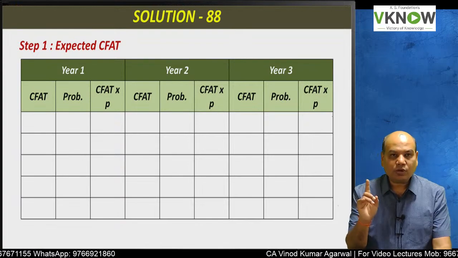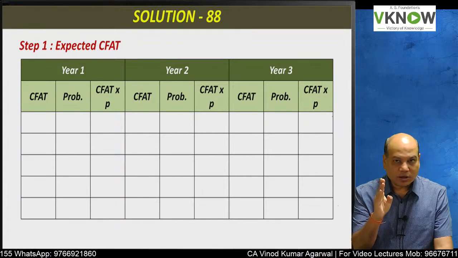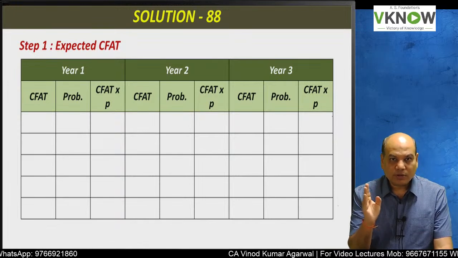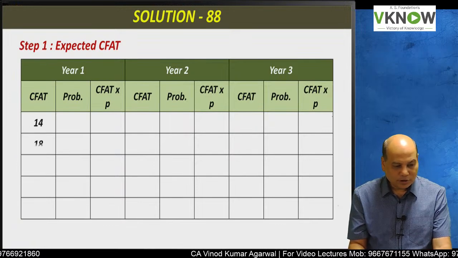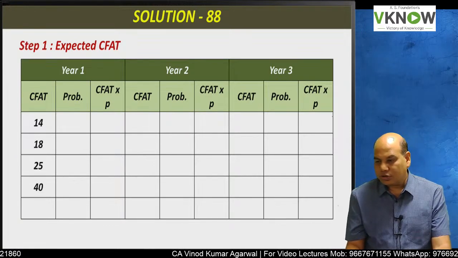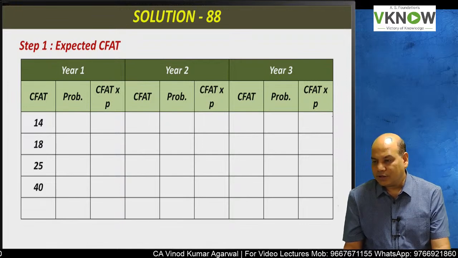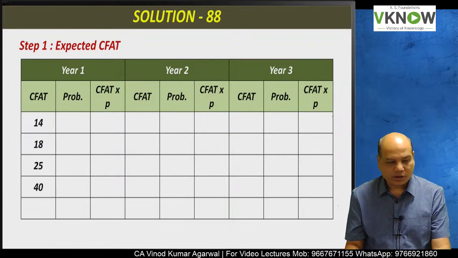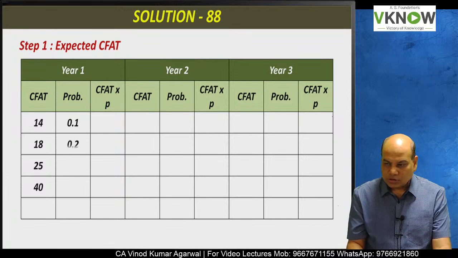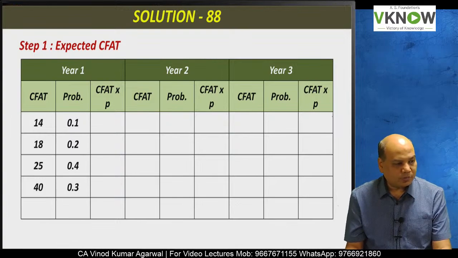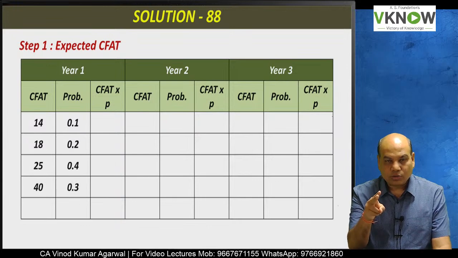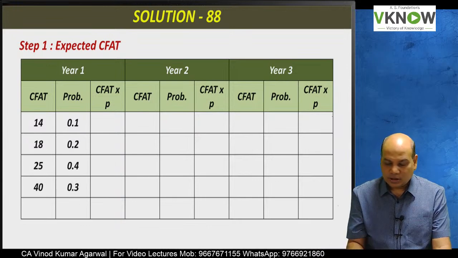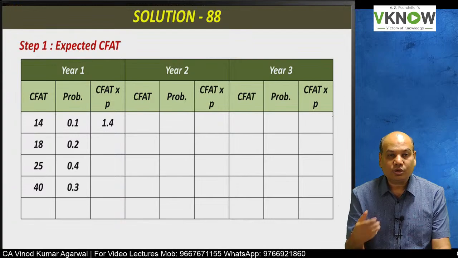Now I will solve year 1, and then in the same way you will solve year 2 and year 3. Ready? Question in front of you. CFAT 14, 18, 25, 40. Probabilities 0.1, 0.2, 0.4, 0.3. Now multiply these two, equal to memory plus, and then later memory recall for total.